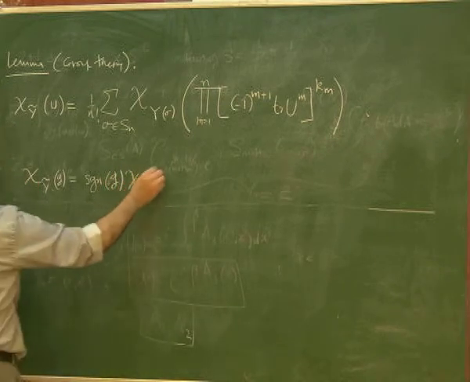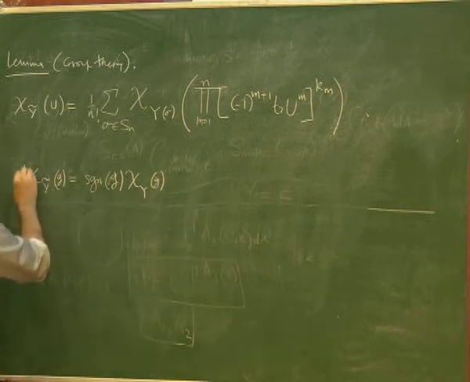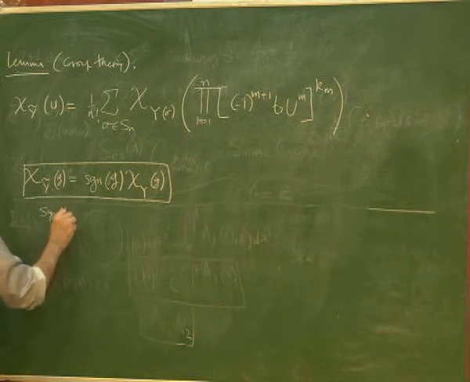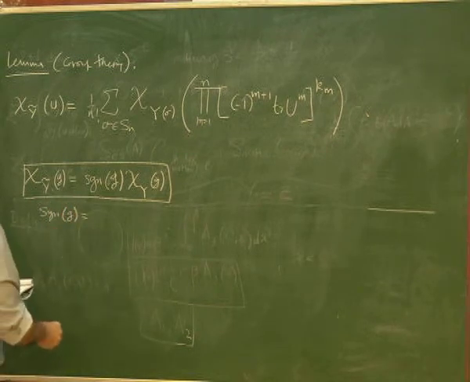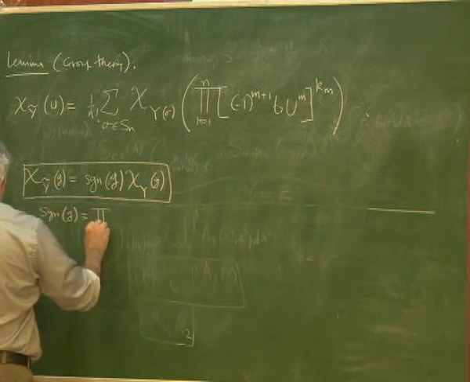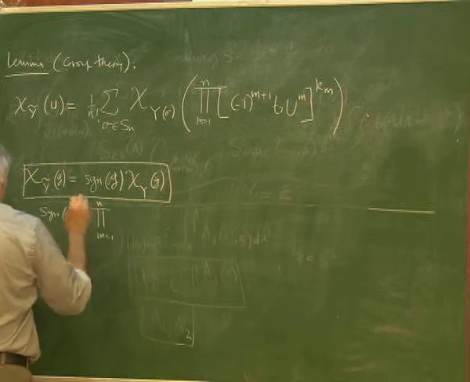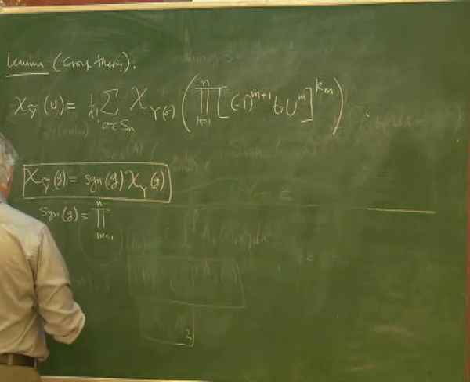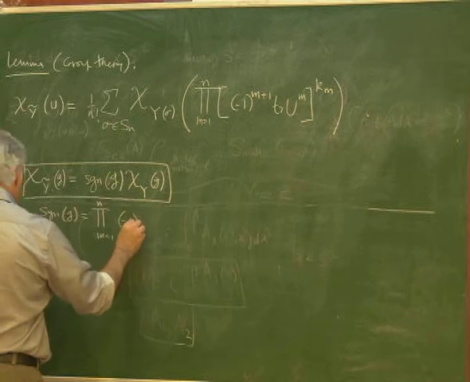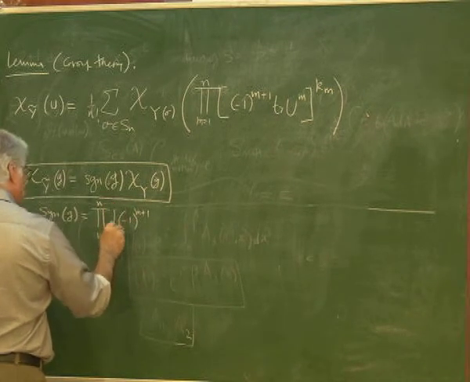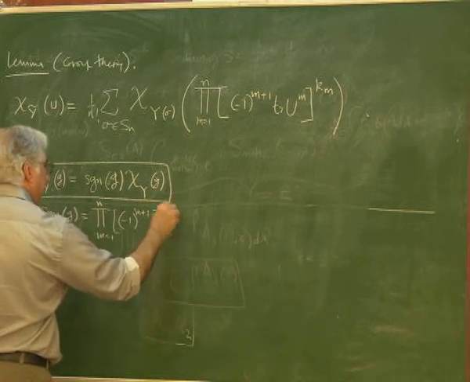For the permutation group this is simple, and the sign of G is precisely given by this product, m equal to 1 to n, because there are n boxes in the Young tableau, of minus 1 to the power of m plus 1 raised to the km.